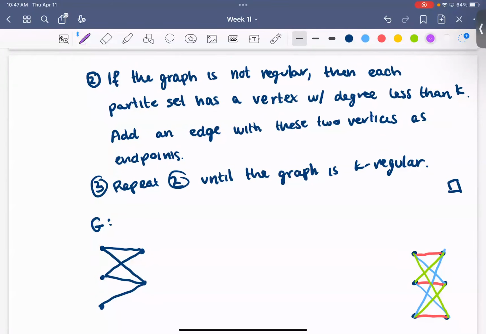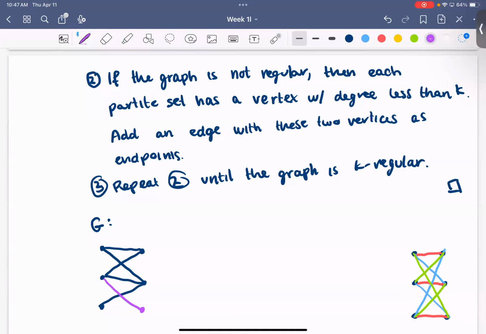So step 1 is I need to add vertices to even out the 2 sides, because we have no shot of being K regular and bipartite if the 2 partite sets do not have the same size. Then if G is currently not K regular, which it's not, there's some vertex on the left and some vertex on the right that do not yet have degree K, so I will add the corresponding edge.